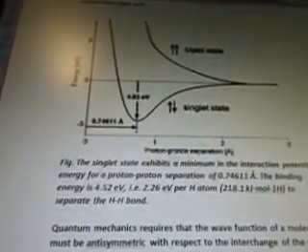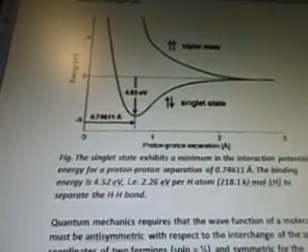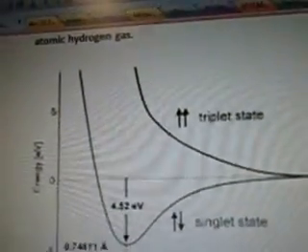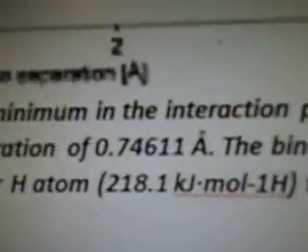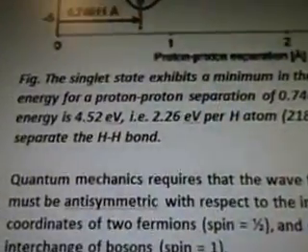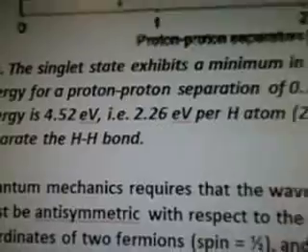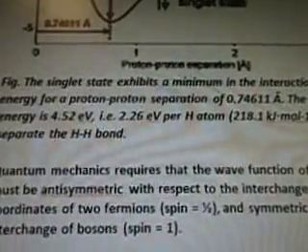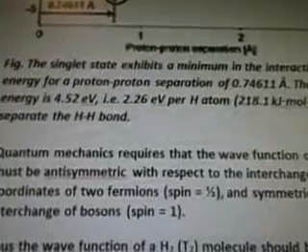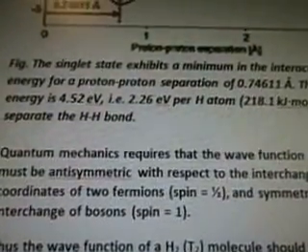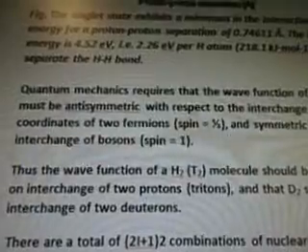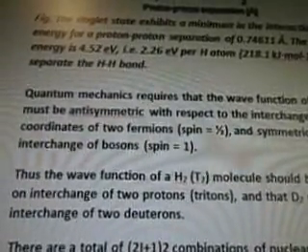The singlet state exhibits a minimum in the interaction potential energy for a proton-proton separation of that. The binding energy is this for each hydrogen atom to separate the HH bond. HH bonds and ligands come up earlier in line 22. Okay, so you're probably going to have to do some cross-referencing with that too.